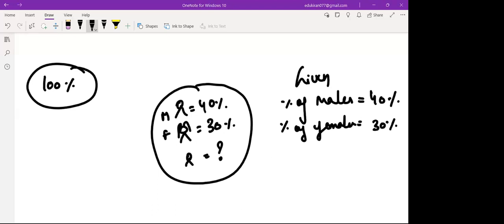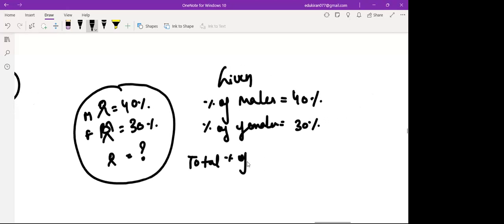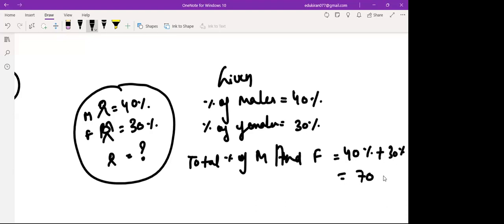Then you will write the statement, total percentage of males and females. So it would be 40% plus 30%, right? So 4, 5, 6, 7. So it became 70%, right?